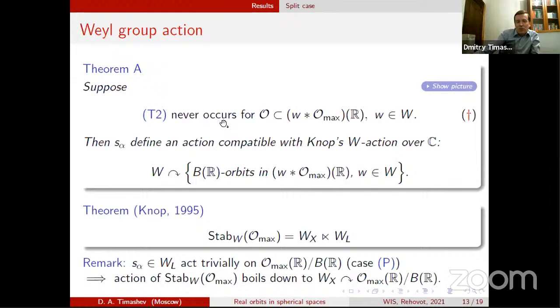What we believe to hold true is that not the little Weyl group, but some extension of this little Weyl group should act on real Borel orbits, at least those of maximal rank. And what could this extension be? Well, we believe that it should be an extension by an elementary abelian 2-group, for some reasons.